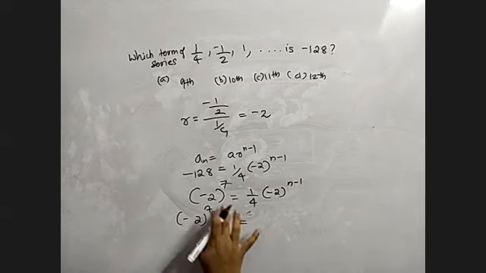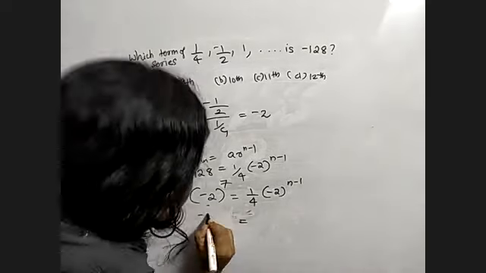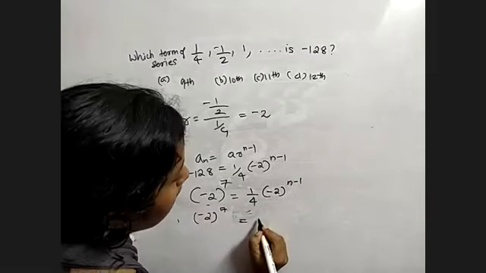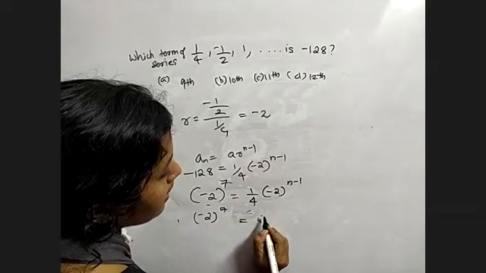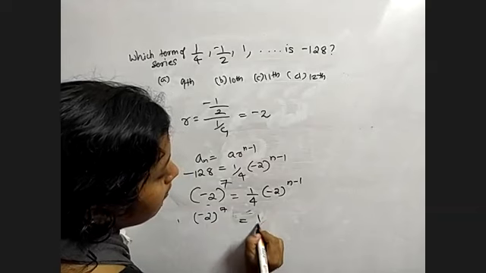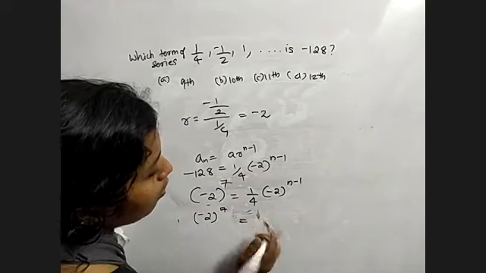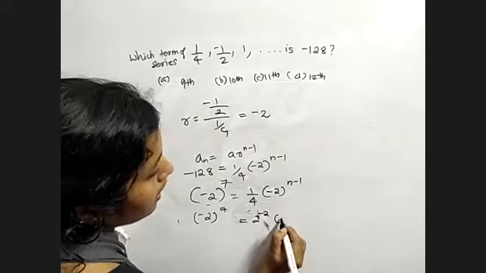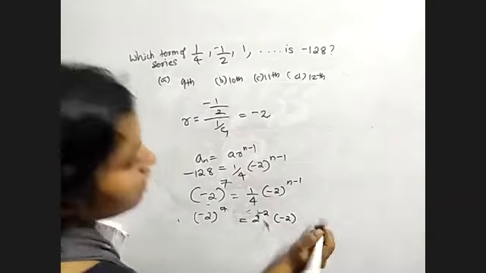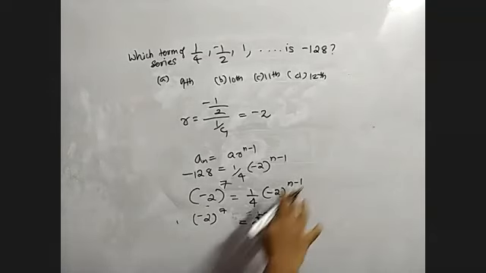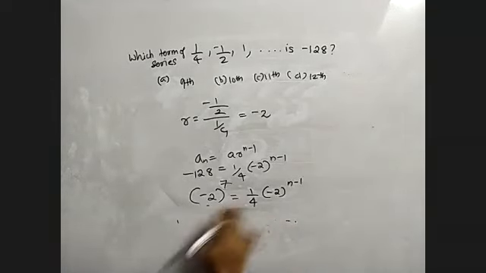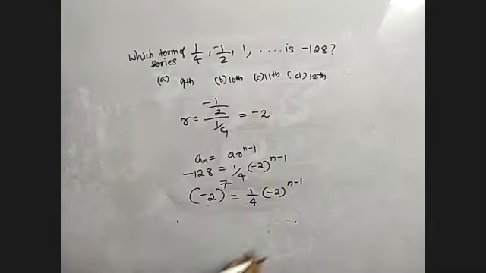Here this is 4 raised to minus 1, right? So that is 1 by 2 square, so that will go up as 2 raised to minus 2. So it's better that you put the value and check, because one is positive and one is negative. So just check from the option.